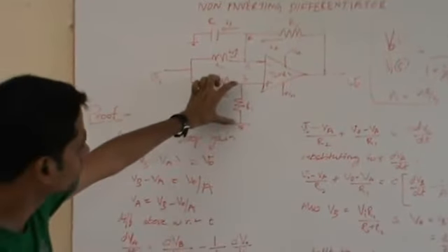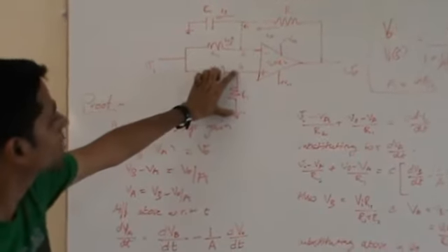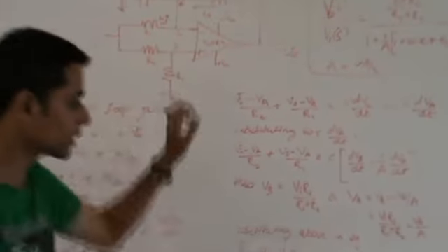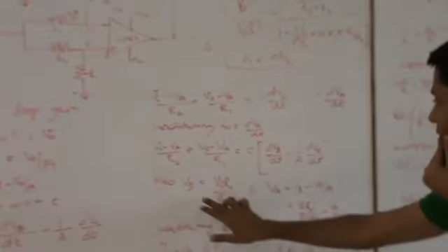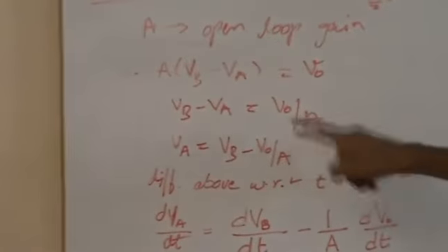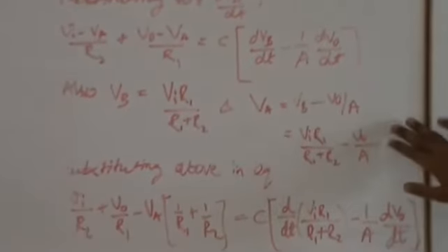That's why the potential drop across this resistor R1 is the potential which is given to this non-inverting input terminal. That's why our VB is equal to VI R1 by R1 plus R2, and from the previous equation, we have VA equal to VB minus V0 by A, so that becomes VI R1 by R1 plus R2 minus V0 by A.